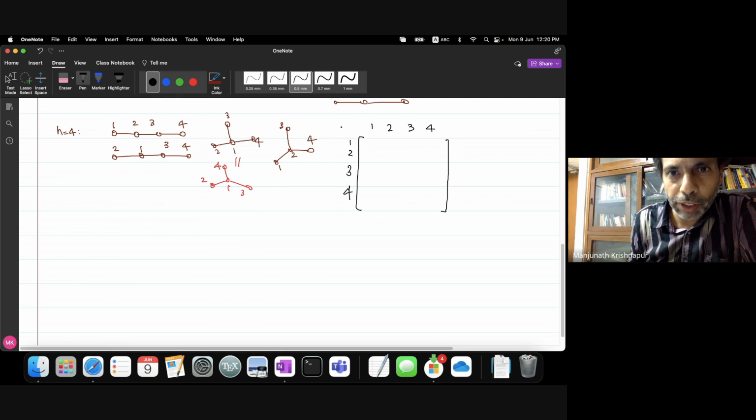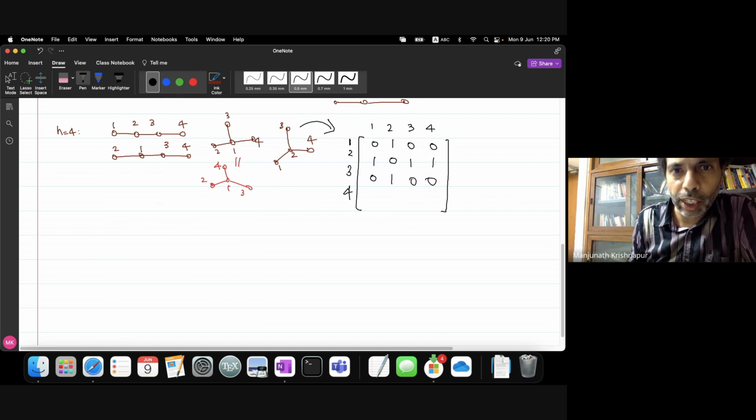So let us do it for this particular tree. How do I keep track of the adjacency information? I put a 1 wherever there is an edge. 1 and 2 are connected, so I put a 1 here. 1 and 3 are not connected, so 1 is not connected to anything else. Those are zeros. Now 2 is connected to 1, 3, and 4, so it has 1 in all these places. 2 to 2 is 0. Whereas 3 is connected to 2, so you have a 1 here and 0 in these places.